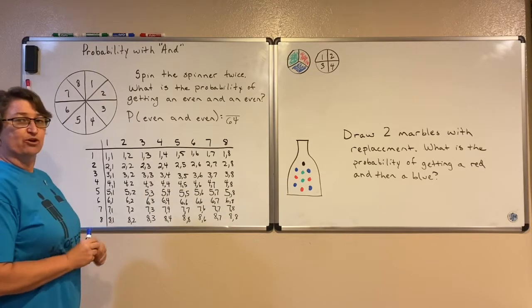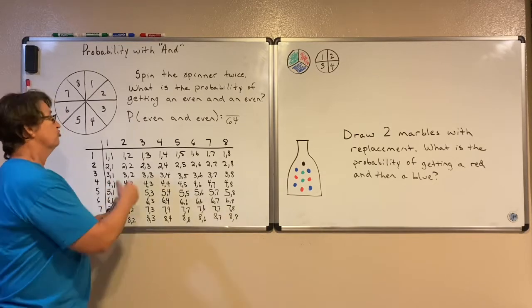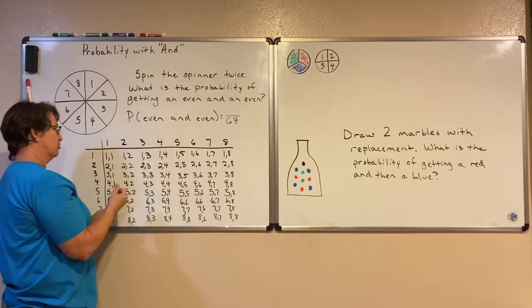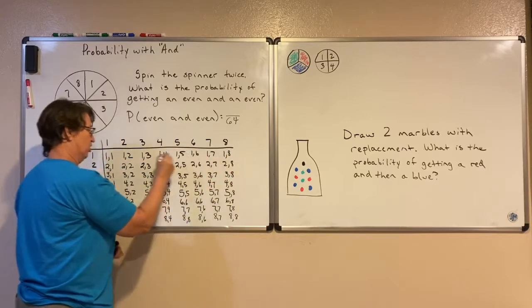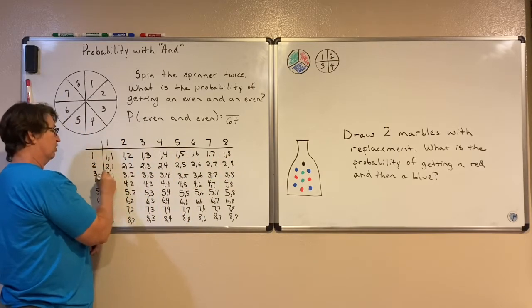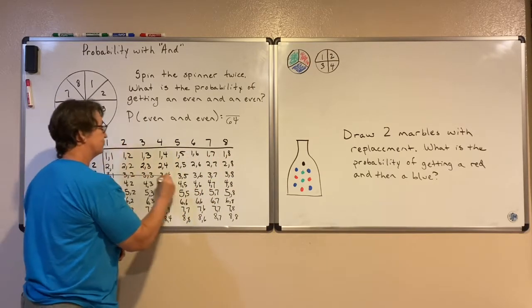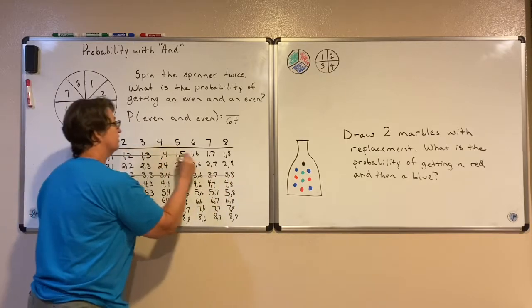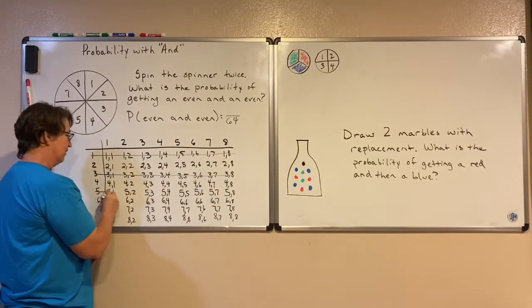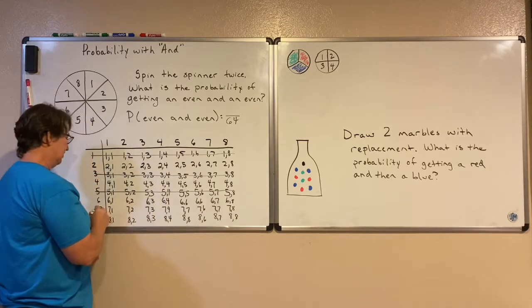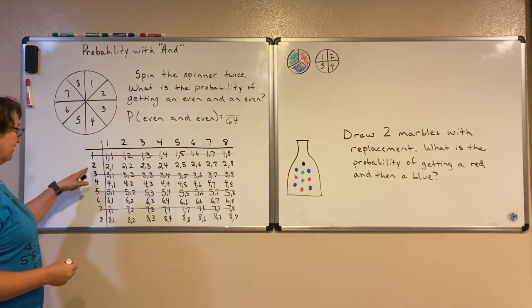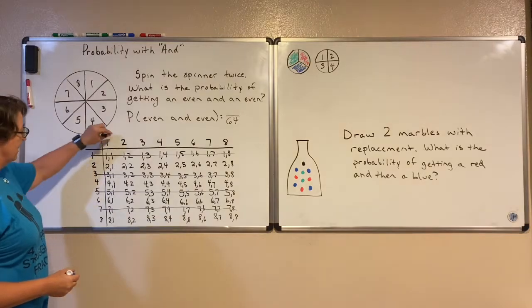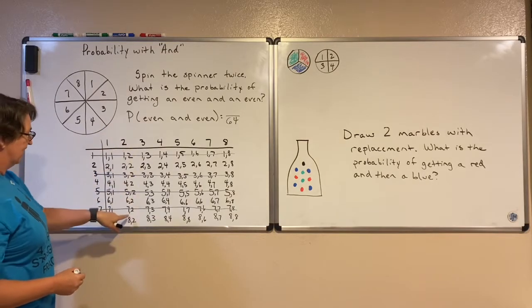Then to find out how many are even and even, I'm going to go through and look at all the ones that are even and even. I'd have to get an even on my first spin. Well, that eliminates all of this row. That eliminates all of the 3 row. It eliminates my 5s, and it eliminates my 7s because those are all odd. So then it has to be within the even rows, and it also has to be even on the second spin.